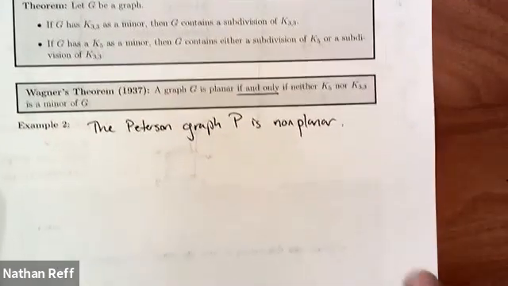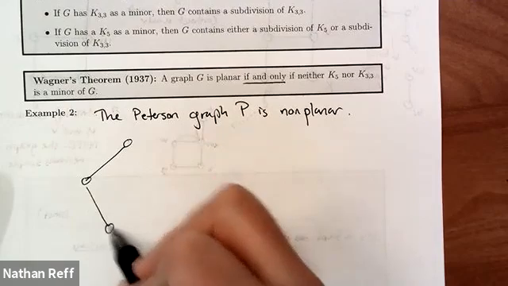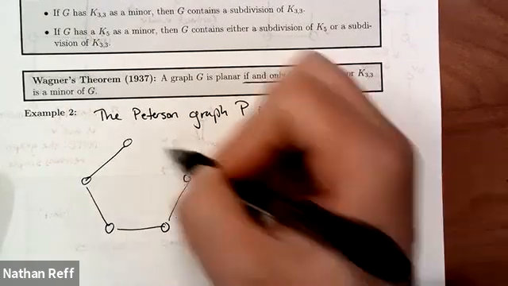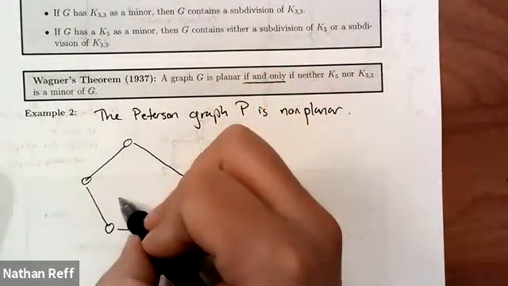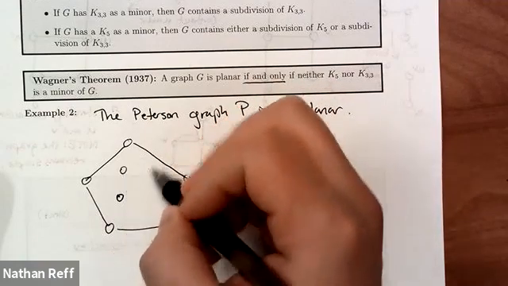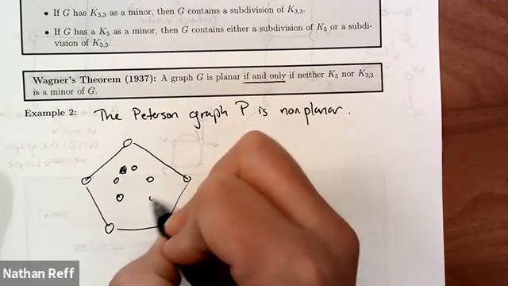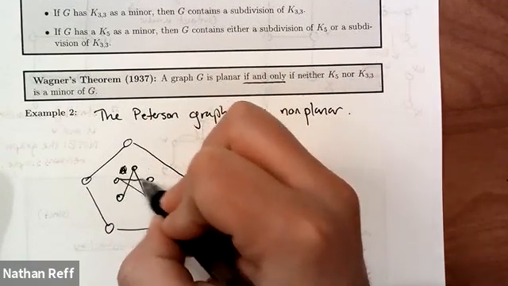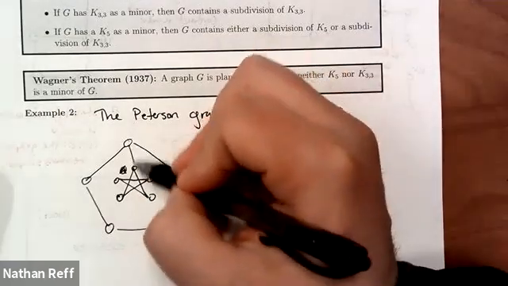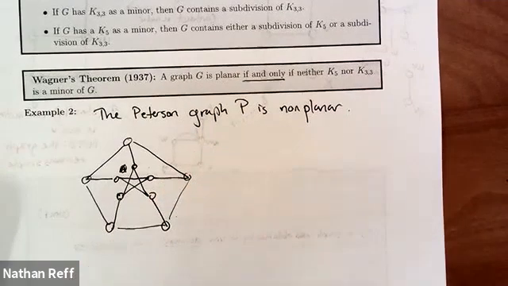Okay. So let's draw the Petersen graph. So remember, draw your star and then the edges here. Okay.